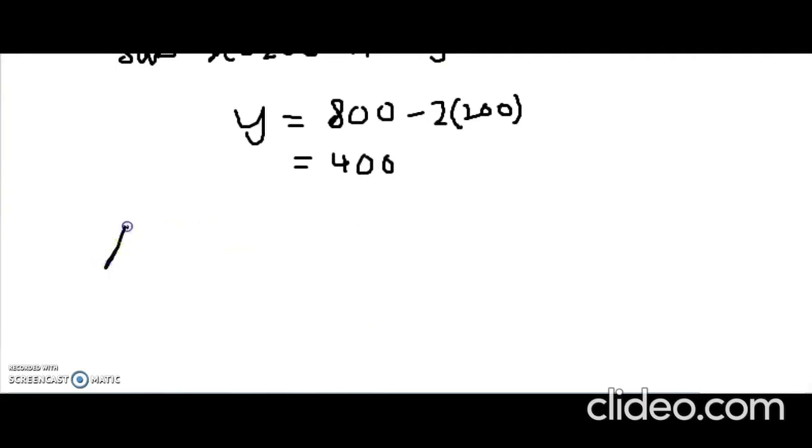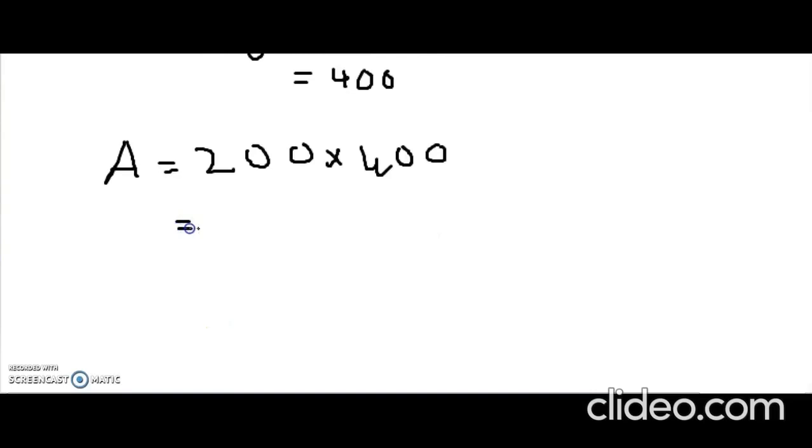So area is 200 multiplied with 400. So we get 80,000 meter square.